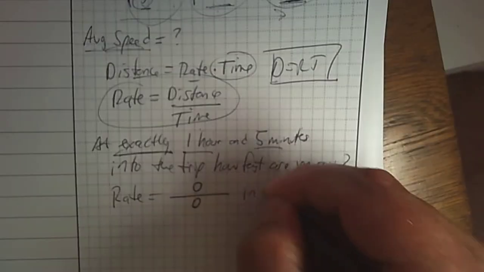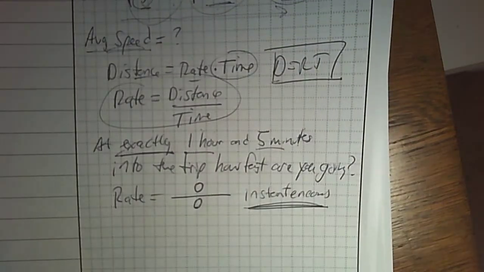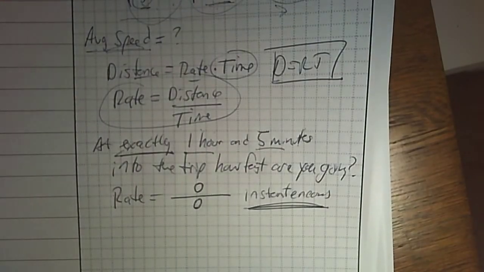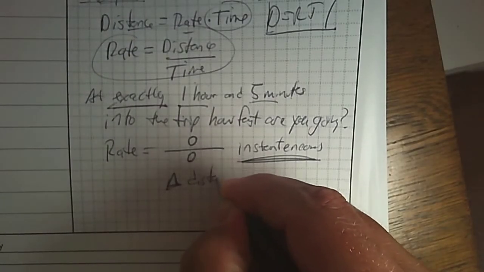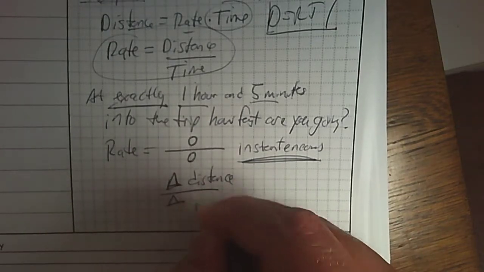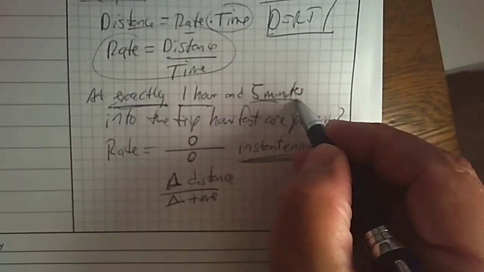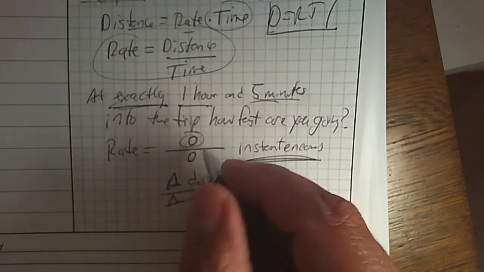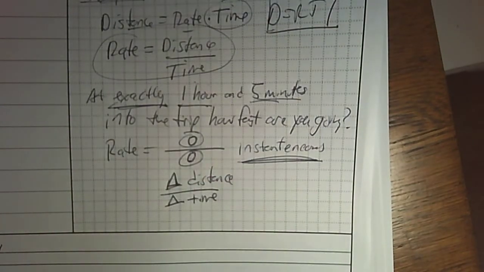We call this instantaneous. So how do I figure it out? I know I'm traveling at a certain speed, but I don't know how to find it because I need a change, and that symbol means change. I need a change in distance, and I need a change in time. But in this scenario, at exactly 1 hour and 5 minutes, there is no change in distance and there is no change in time because it's instantaneously at that moment.